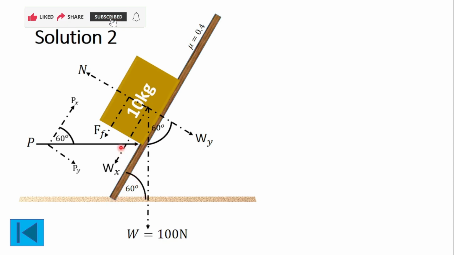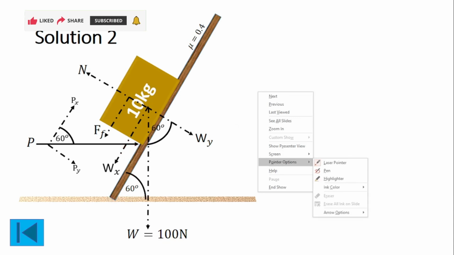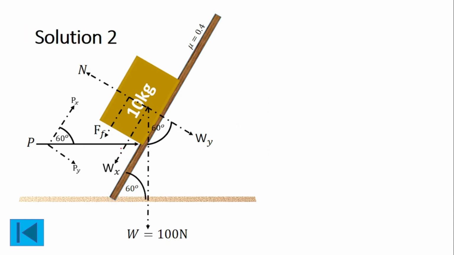This angle and this angle are alternate angles. Let me use my pen to indicate this. These are alternate angles. This angle is also the same as this, 60 degrees. Now this is 60 as well, and these are also alternate, so this should be 60.